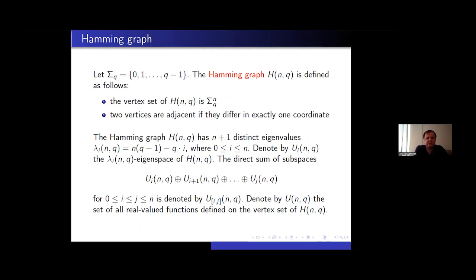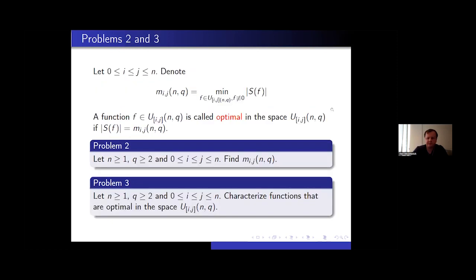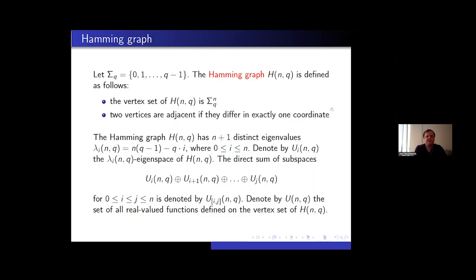Let me recall the definition of the Hamming graph. Let sigma q be a q-letter alphabet. The Hamming graph with parameters n and q is defined as follows.